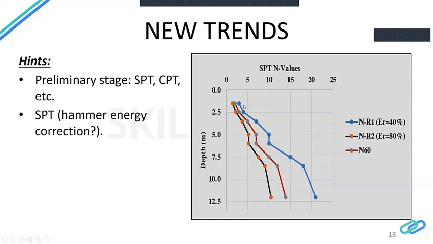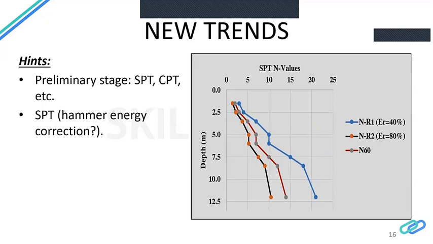If you design your foundation system on the case of 40% without a correction factor, you are getting this difference because you are assuming that the hammer energy correction factor is 1, or that the energy efficiency is equal to 60%, which is not the case. It might be 40, it might be 80%, it might be any value. So you have to measure it, or you have to ask for it at least.